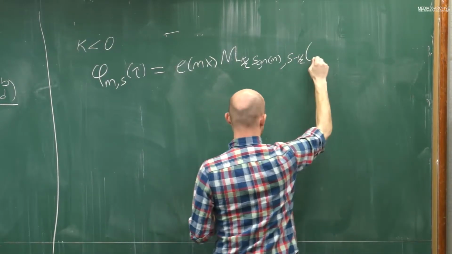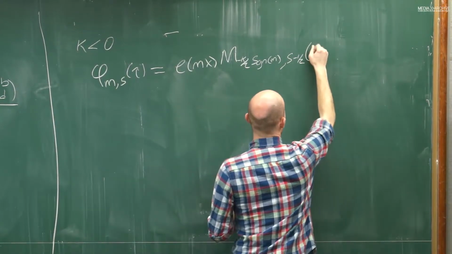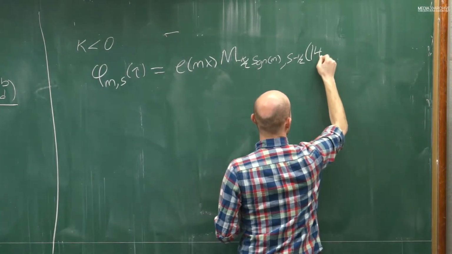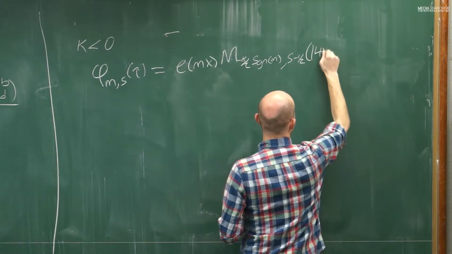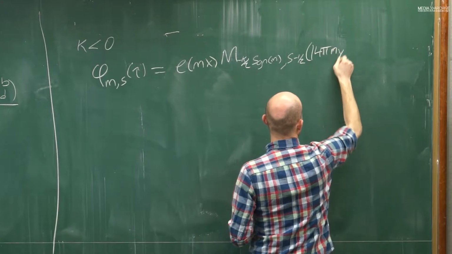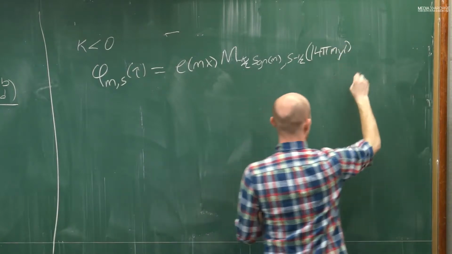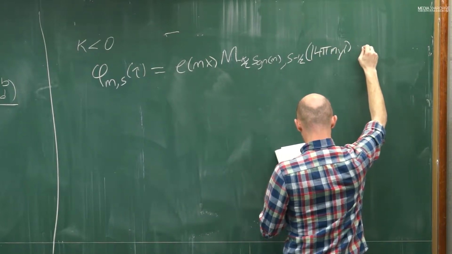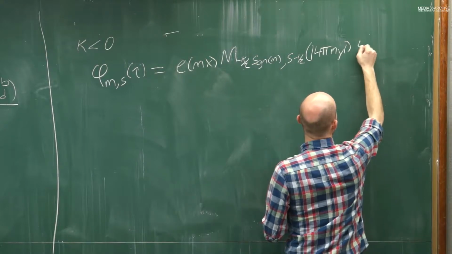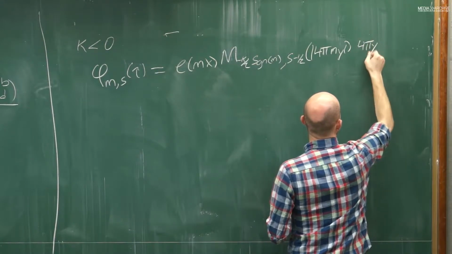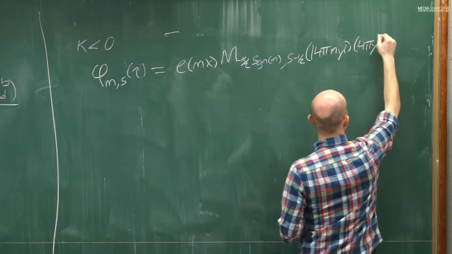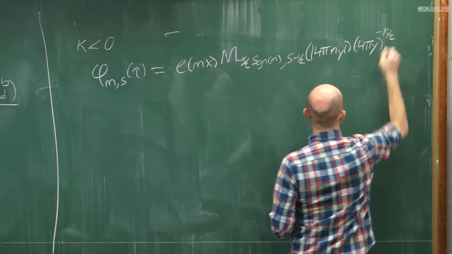The argument will be the absolute value of 4 pi my, and then we'll weight this by 4 pi y to the minus k halves.